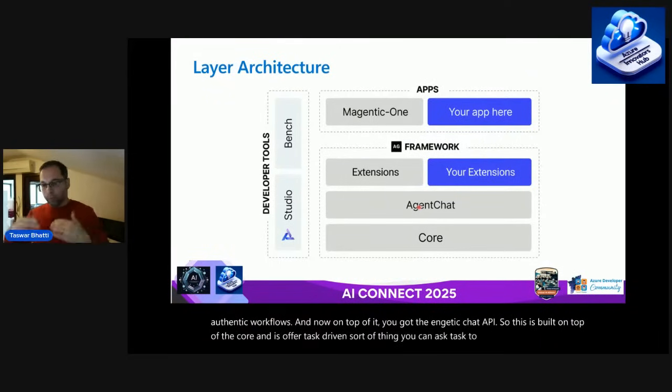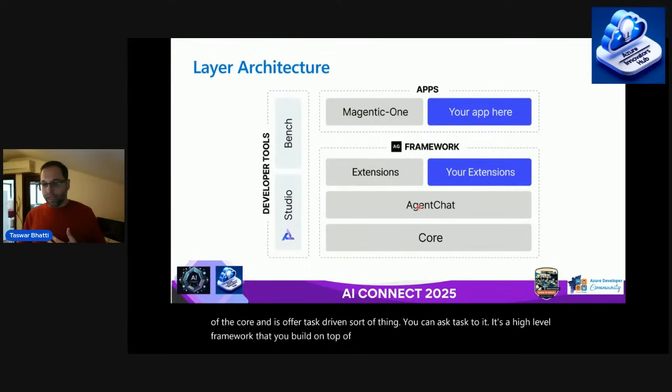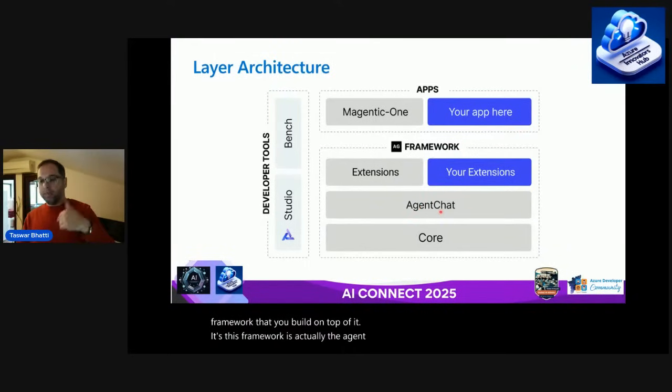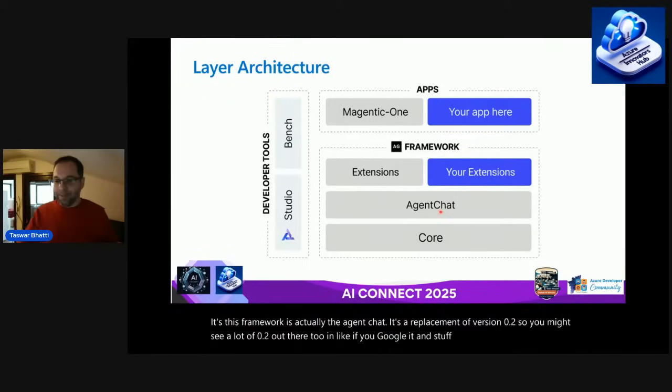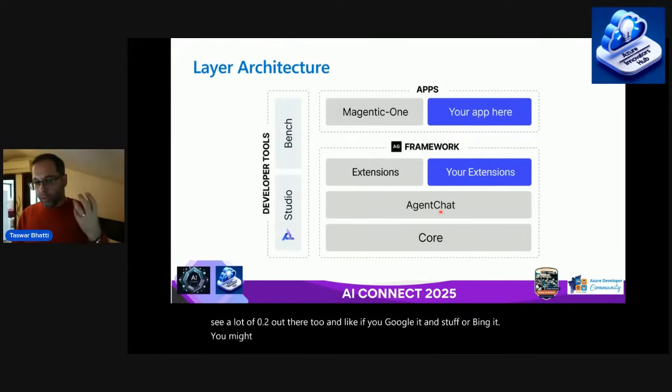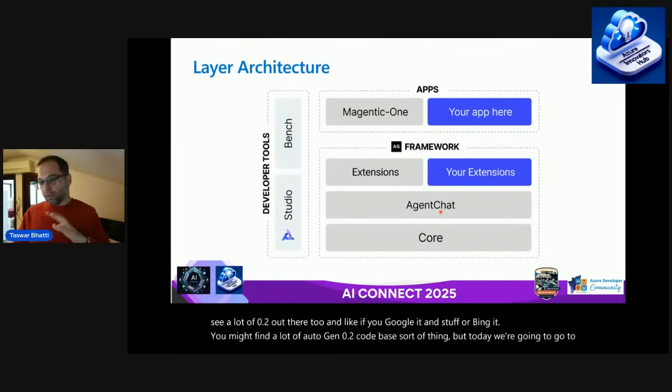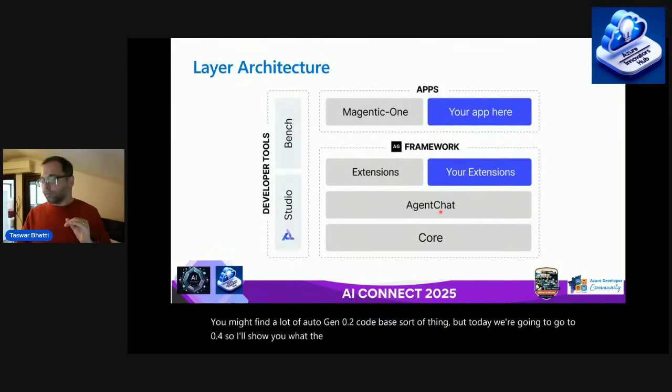It's a high-level framework that you build on top of. This is the AgentChat framework, and it's a replacement of version 0.2. You might see a lot of 0.2 out there if you Google it or Bing it. You might find a lot of Autogen 0.2 code. But today we're going to go to 0.4, and I'll show you what the differences are.